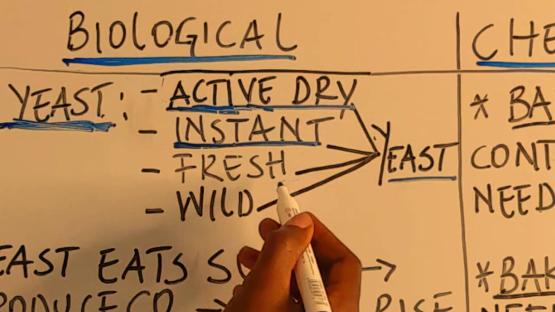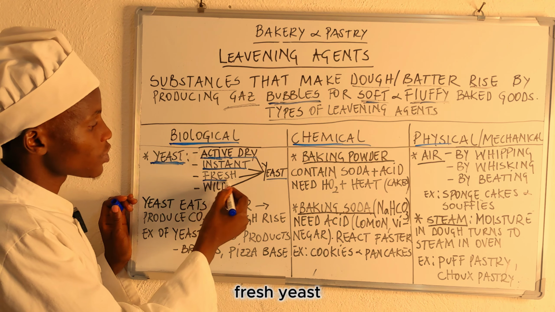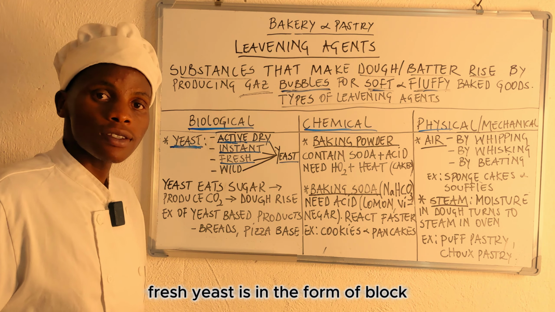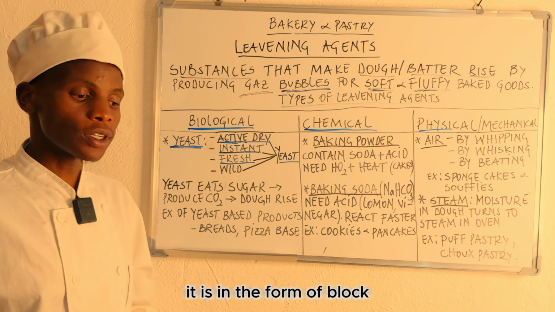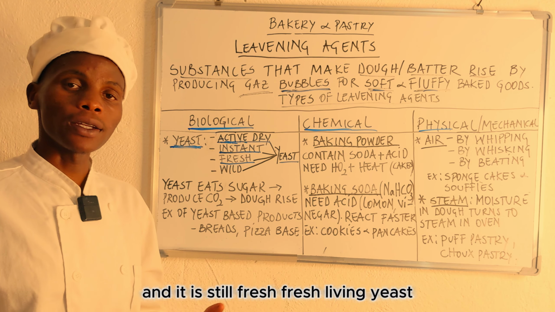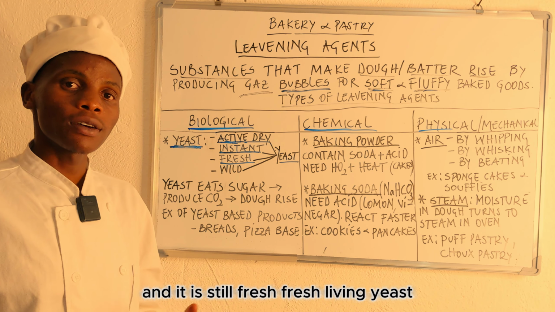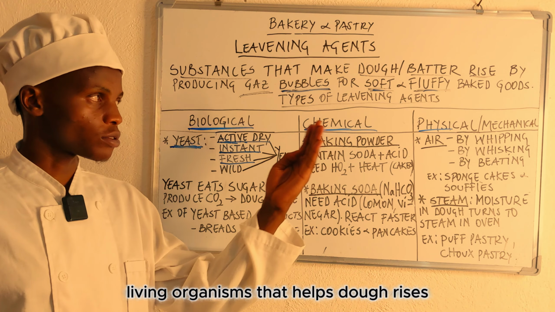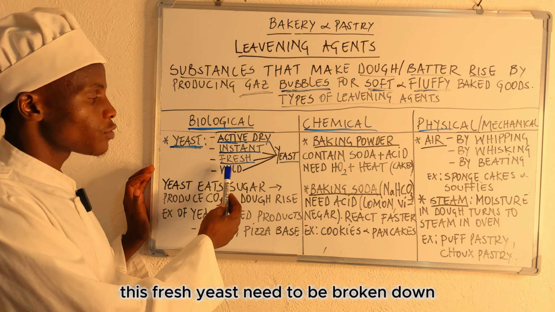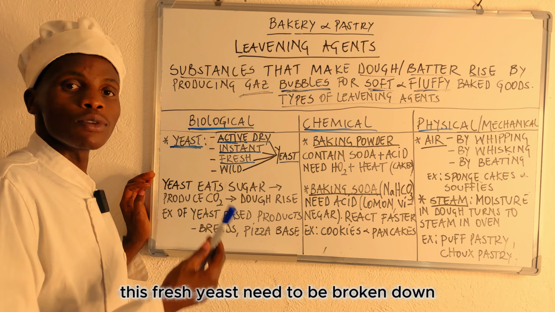There is also fresh yeast. Fresh yeast is in the form of a block, and it is still fresh. Fresh living yeast, living organisms that help dough rise. This fresh yeast needs to be broken down.